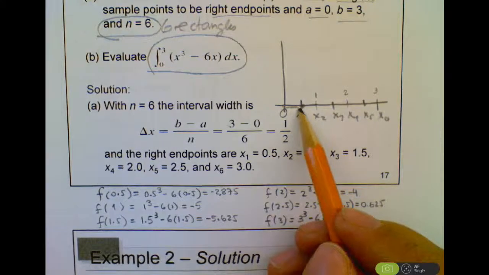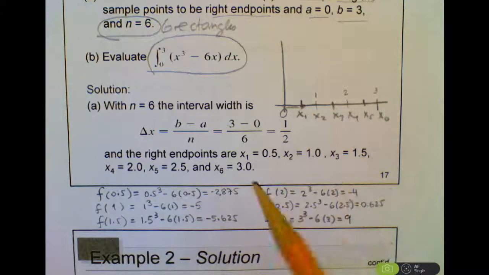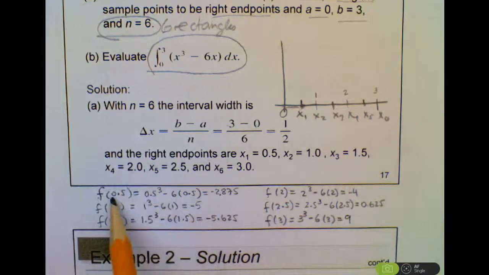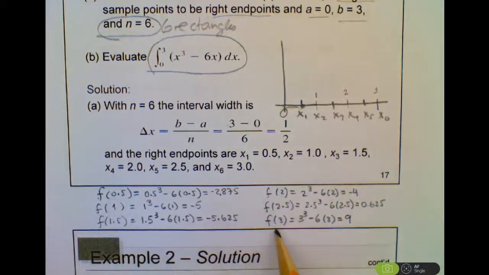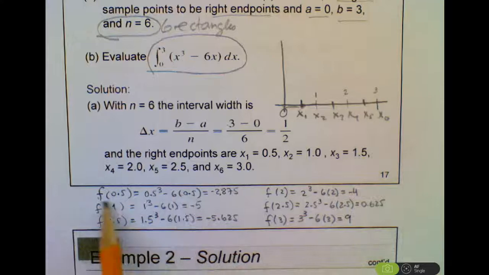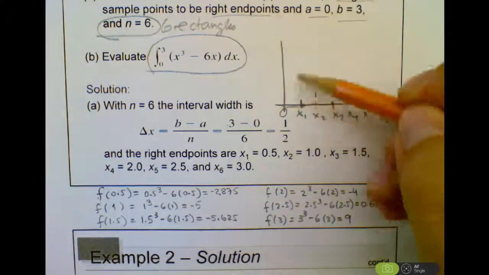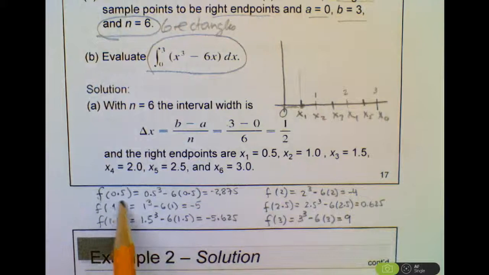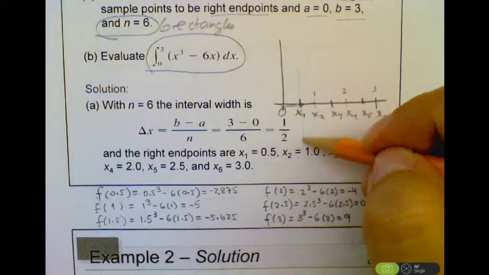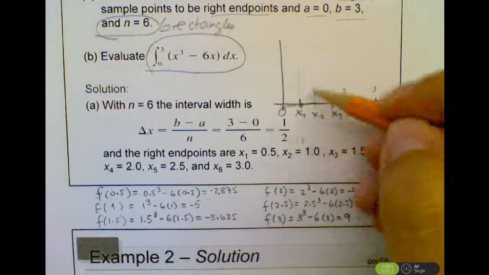So the first thing we have to do is find how much is f of 0.5, f of 1, f of 1.5, and so on, so that we know how tall the heights are. Now in this case, I'm saying height, meaning how tall the line is going to be. But if you have an f of 0.5 being a negative 2.875, then you know that you're going to go down rather than up.